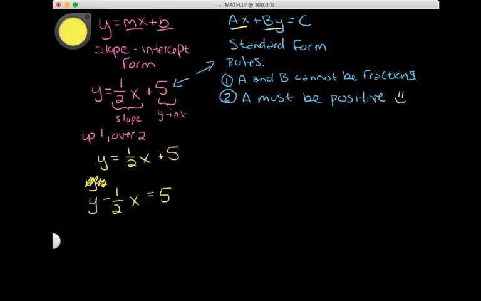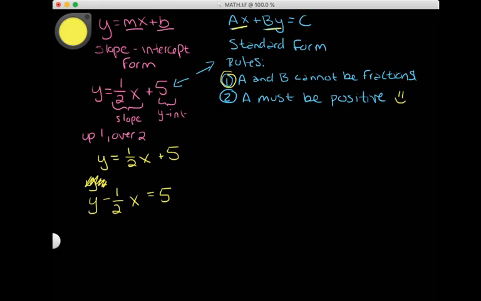All right, so now here's our problem. If we look up at the rules, our first rule says a and b cannot be fractions. This is my b, the y, and this is my a because it has the x, but this a is a negative 1 over 2. So I need to get rid of this fraction.